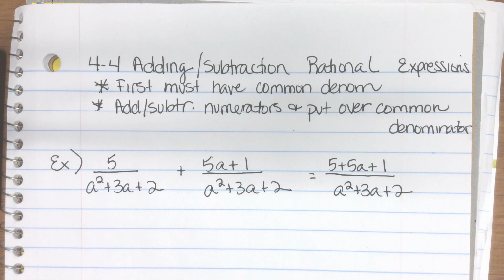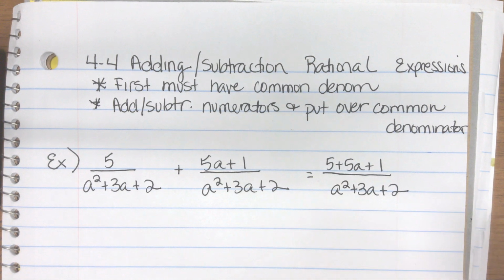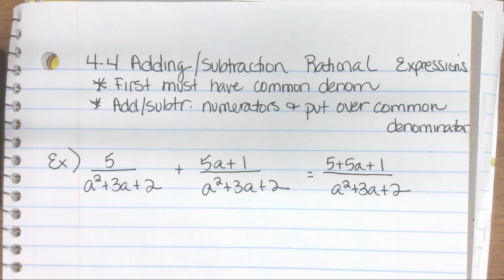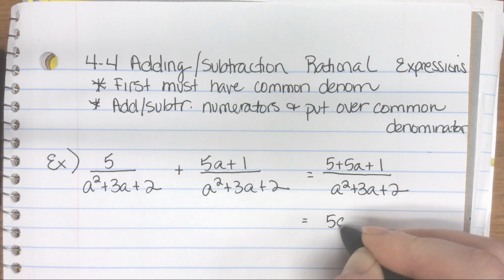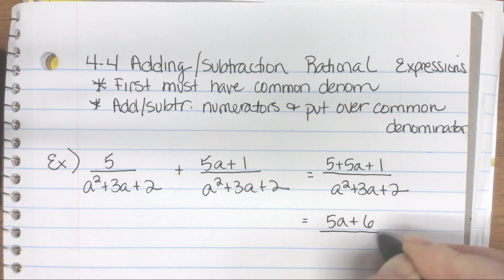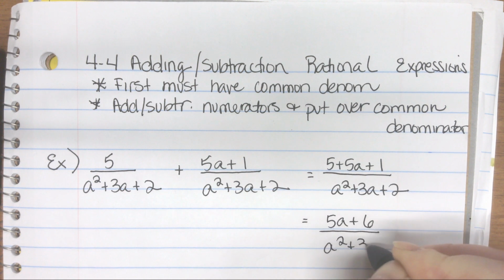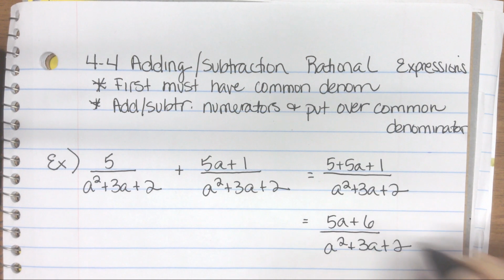Yeah, so after this example, I would skip writing this as an in-between step. I just wanted you to see what I was doing. What adds together? The 5 and the 1. So this would be equal to 5a plus 6 over a squared plus 3a plus 2.